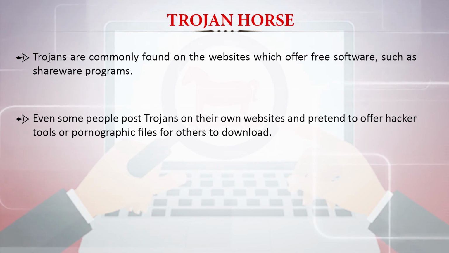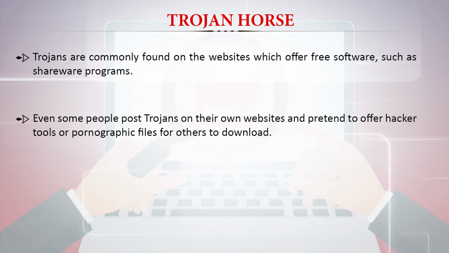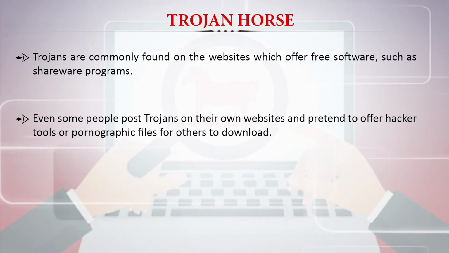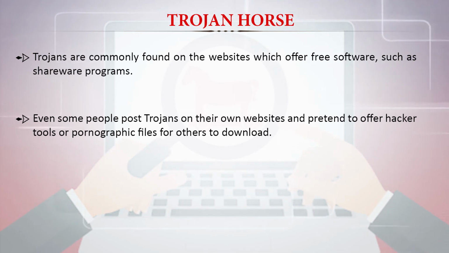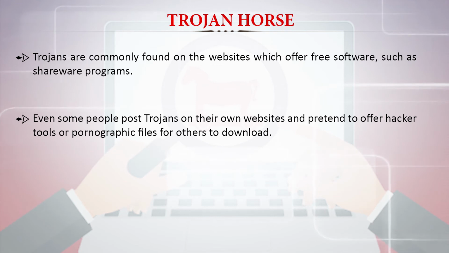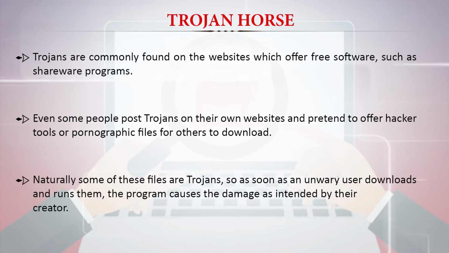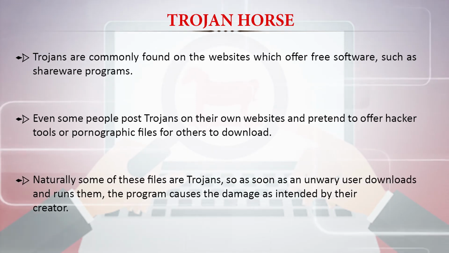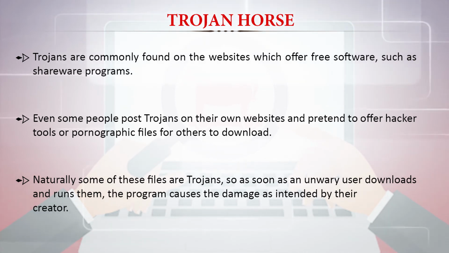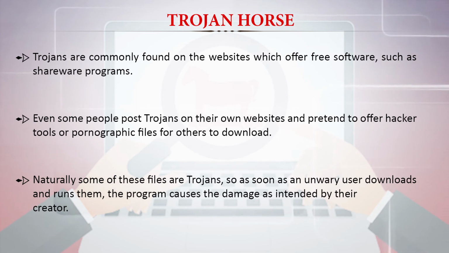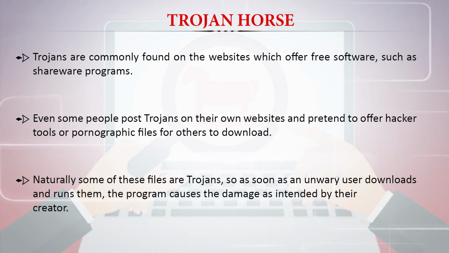Even some people post Trojans on their own websites and pretend to offer hacker tools or other pornographic files for others to download. Naturally, some of these files are Trojans. As soon as a user downloads and runs them, the program causes the damage as intended by the creator of the program.